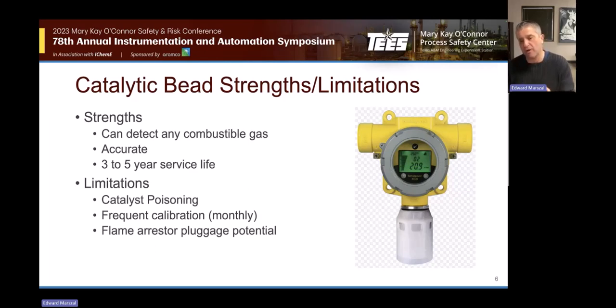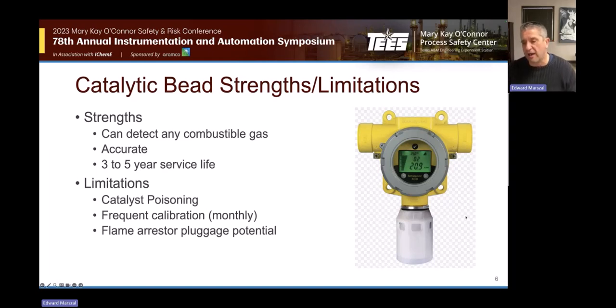And as that coke sits on the catalyst, it's going to prevent air from reaching the catalyst and decrease its effectiveness. And you can account for that by recalibrating it, but depending on the background atmosphere, you might need to do that very frequently.